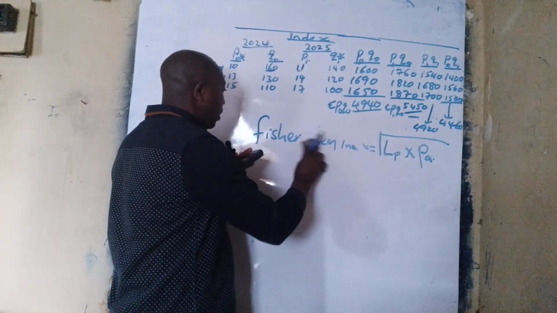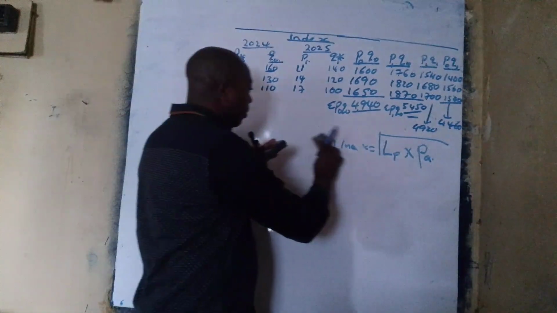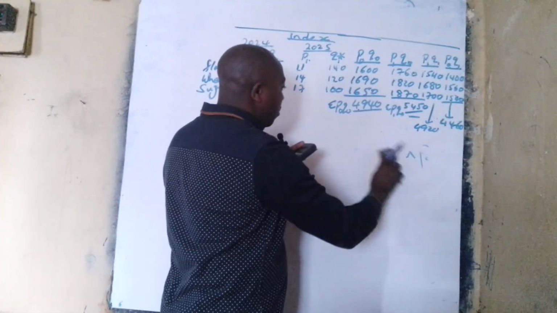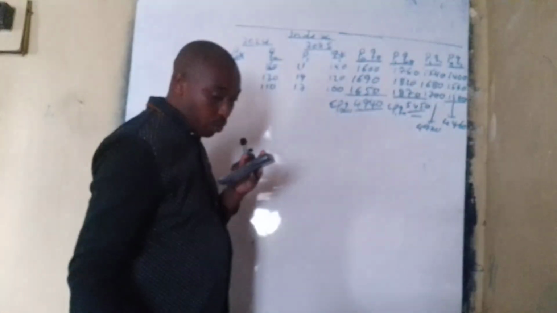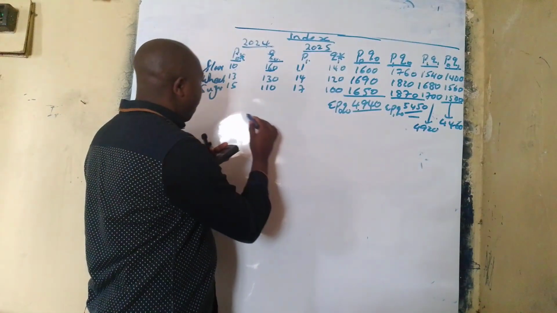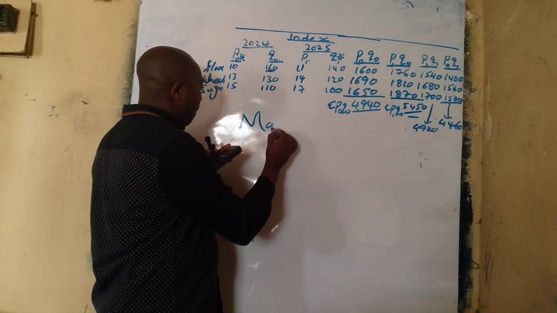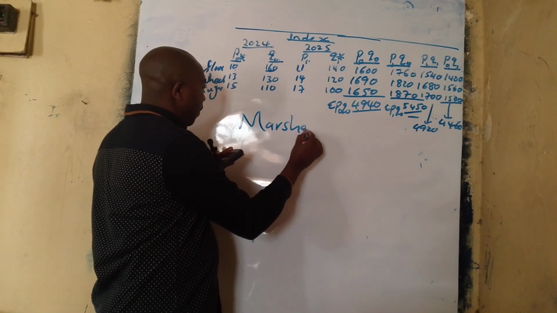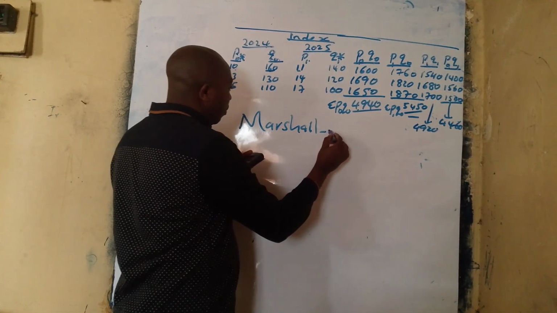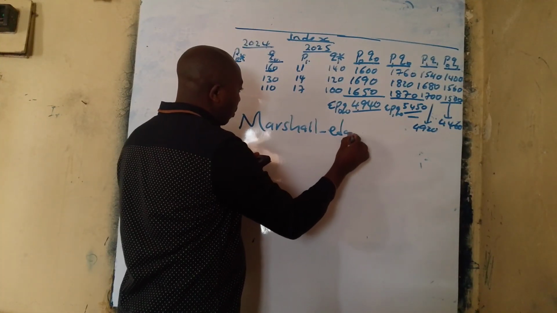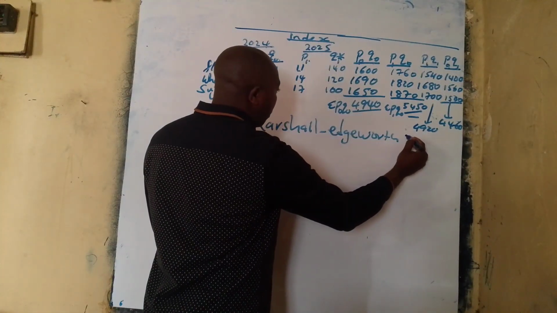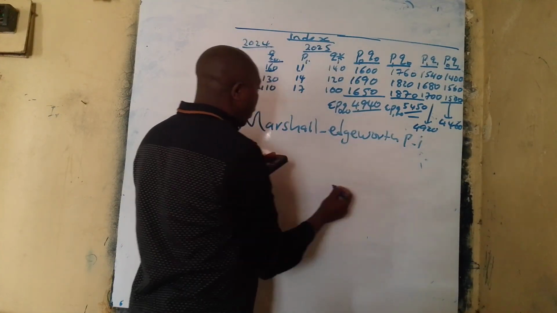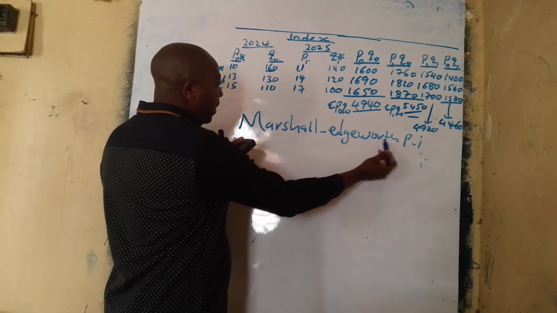Then the next, number 4, we can calculate the Marshall-Edgeworth price index.